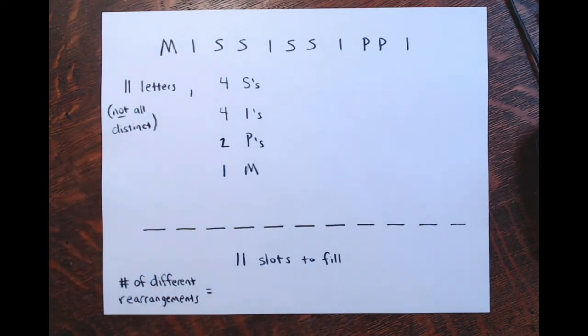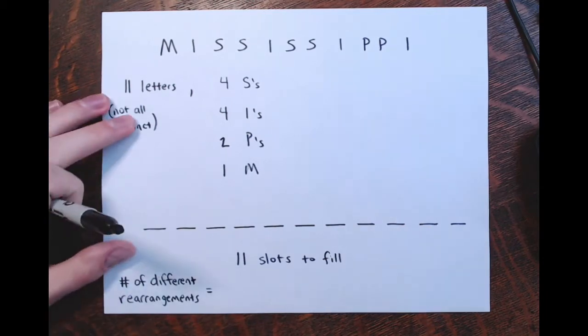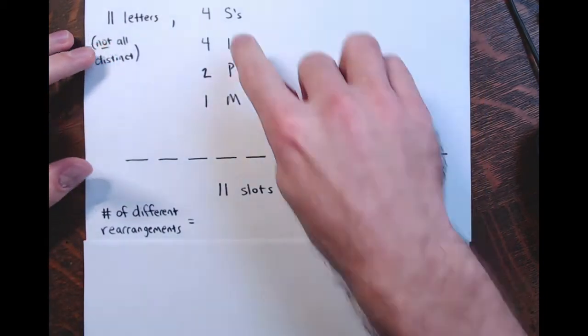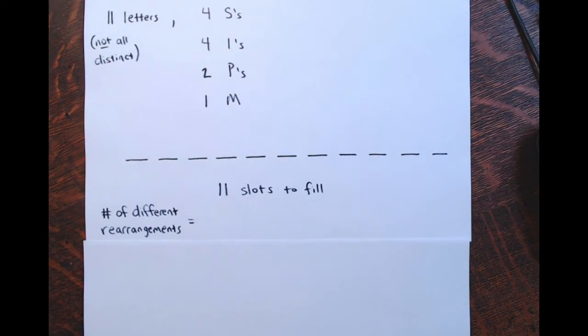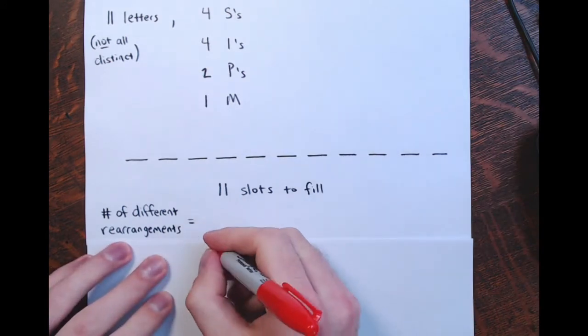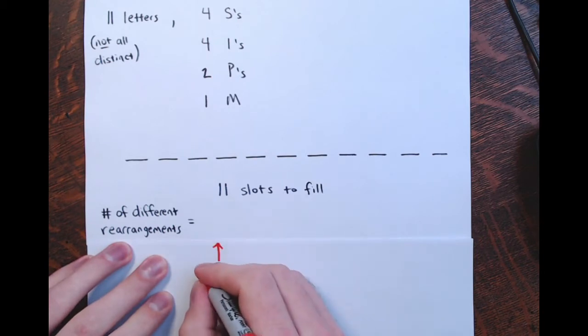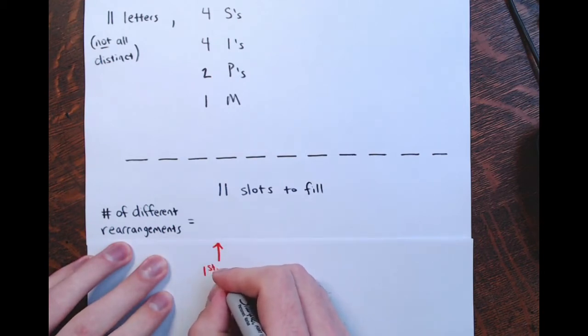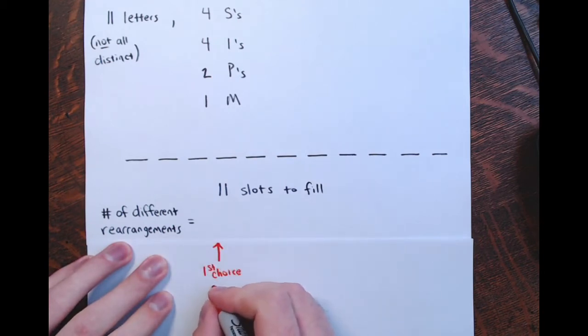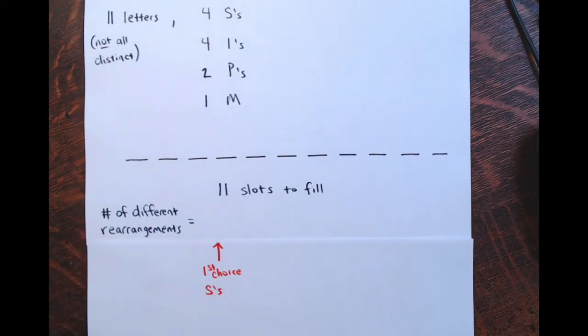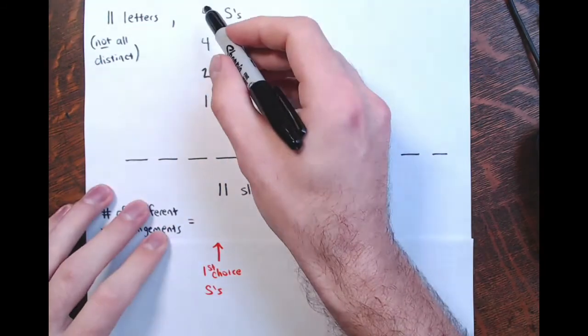So my first choice is I'm going to choose where the S's go. I'm applying the generalized product rule here. Well, there are 11 slots. There are 4 S's.